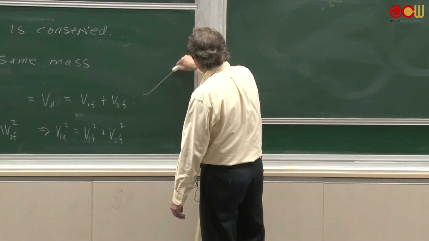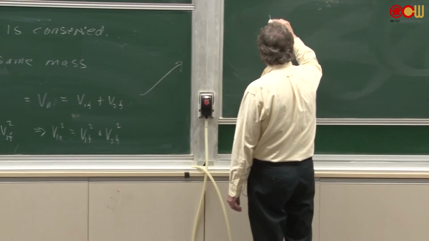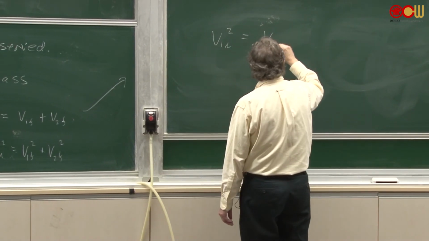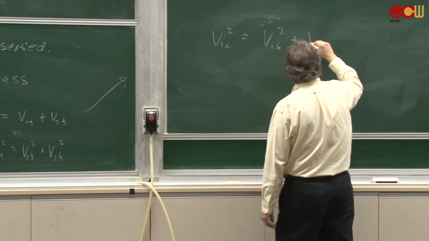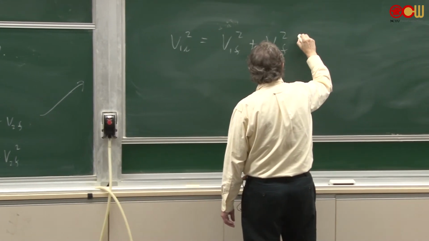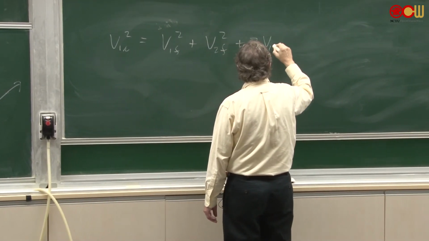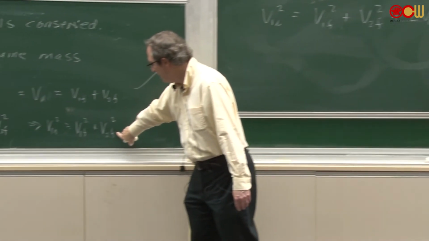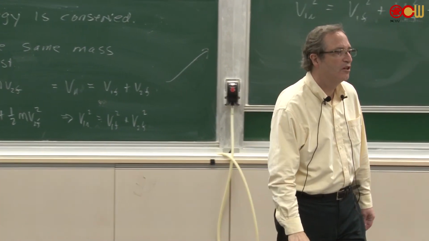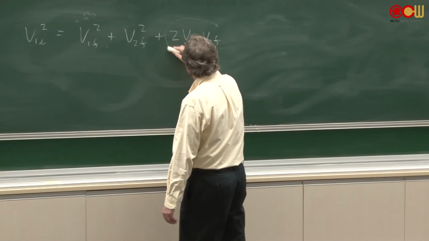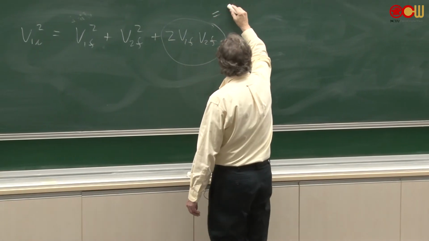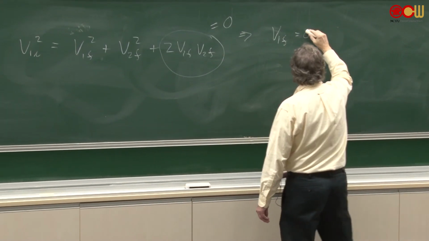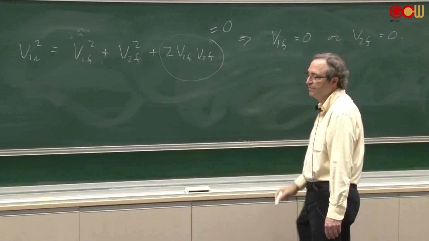So if I square this equation, I get v1 initial squared equals v1 final squared plus v2 final squared plus 2 v1 final v2 final. So look at this. What can you conclude? This has to be 0. So that implies v1 final equals 0 or v2 final equals 0.